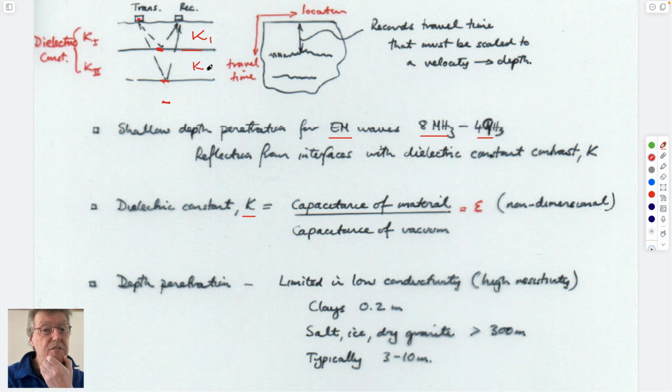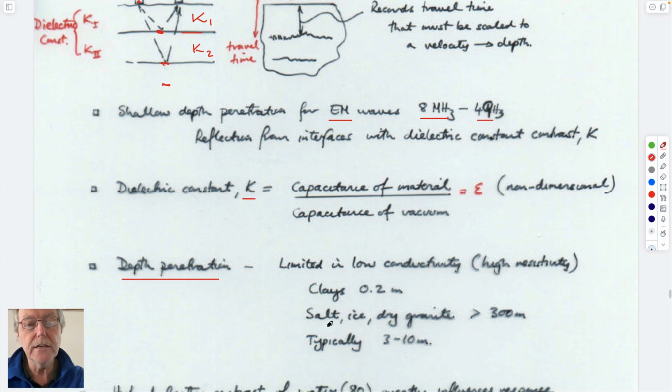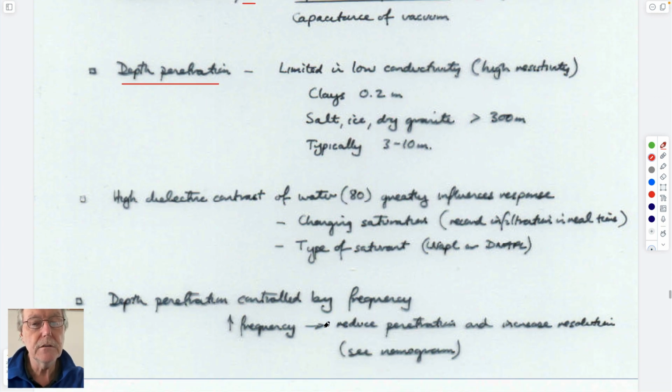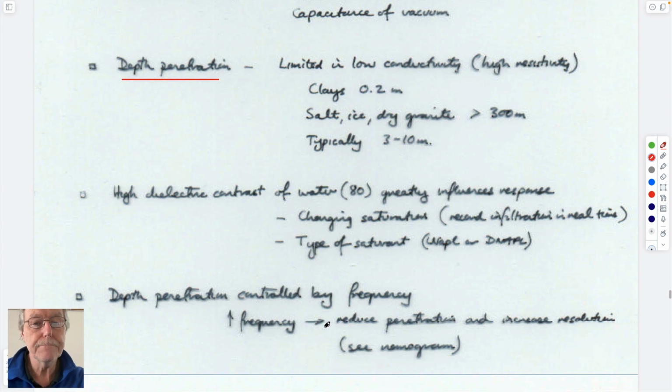But if they're two different materials with different dielectric constants, they will cause an interface, and that is what you see. The actual dielectric constant doesn't matter so much in terms of reducing the data, but there has to be a contrast to be able to get a reflection. And the depth penetration that you get depends on the material you have. Shallow in clays, super deep in ice or water.